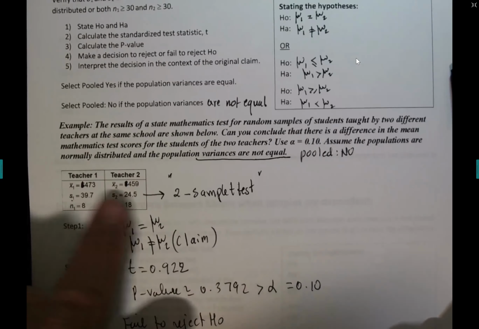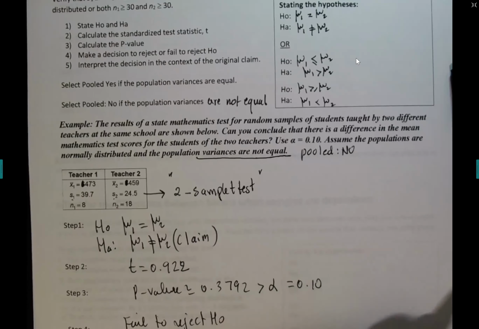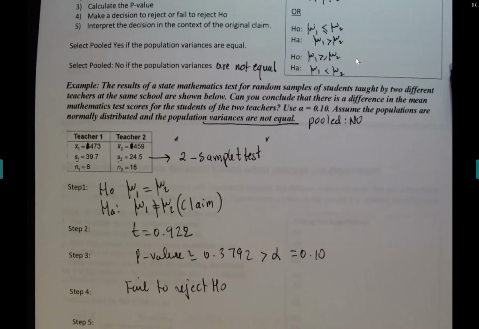Sometimes I throw in the numbers just there, but I didn't expect it's going to be all fail to reject H0 here.